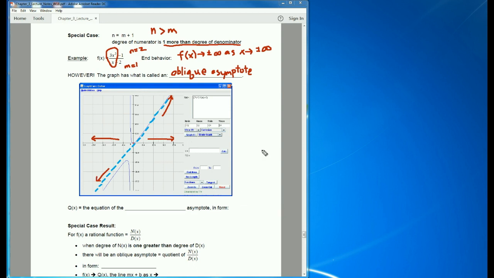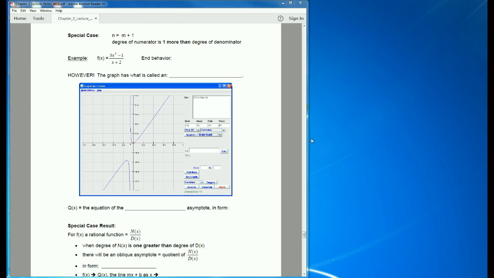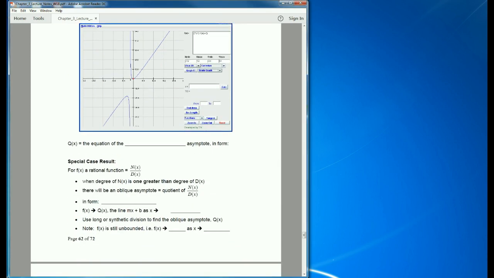I'm going to erase this stuff so I can scooch down a little. So remember that our rational function is n of x divided by d of x, and if we were actually to divide those out, we would end up with the quotient function q of x, and then plus some remainder r of x over the divisor, the denominator, d of x.